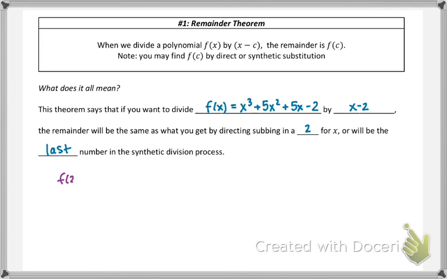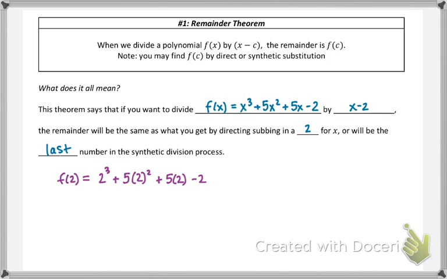If I were to sub 2 in for x, we would get 2 cubed plus 5 times 2 squared, plus 5 times 2 minus 2. Go ahead and evaluate that, and then verify using synthetic division.